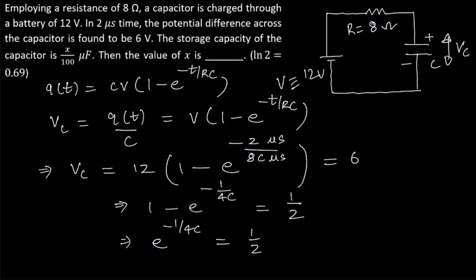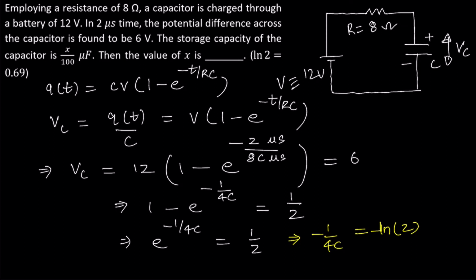Now we can take log on both sides. If I take log to the base e, on the left hand side I have minus 1 by 4C, log e to the base e is 1, and on the right hand side I have natural log of half, which I can take as minus log 2.